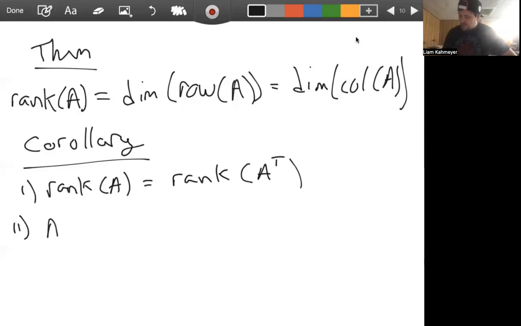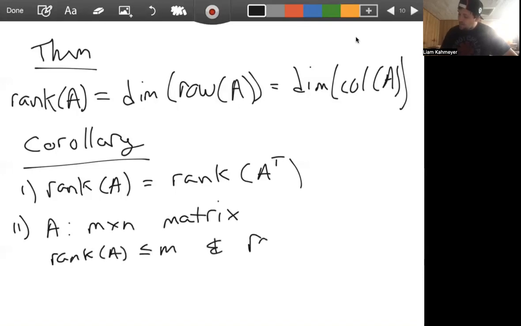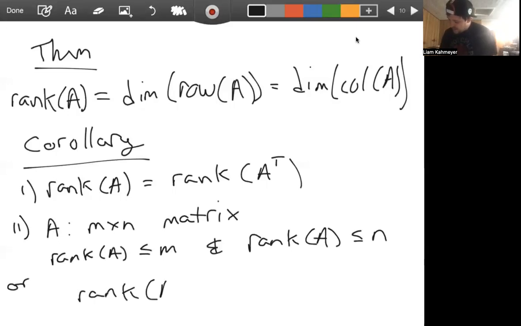We have that if A is an M by N matrix, then the rank of A cannot be greater than M, and it cannot be greater than N. If you would like to see this written differently, you could say that the rank of A is less than or equal to the minimum of M and N, right?